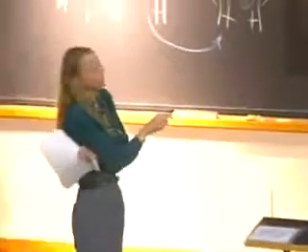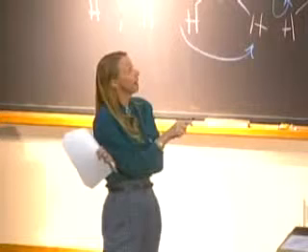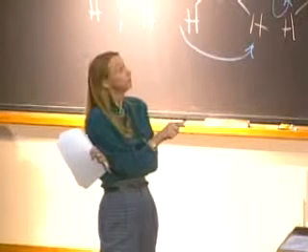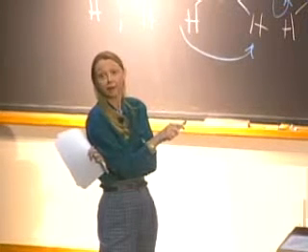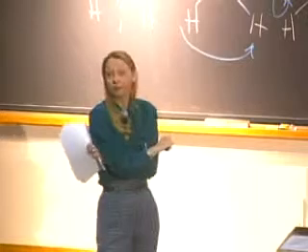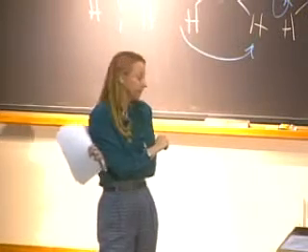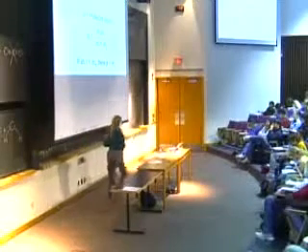Okay, but the bottom line is that this reduced mass is simply the mass of one atom times the mass of the other divided by the sum of the two masses. And sometimes a useful approximation is when one of the masses is much lower than the other mass.